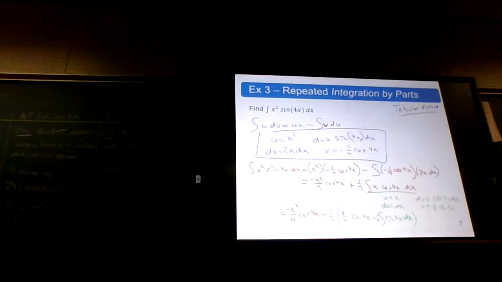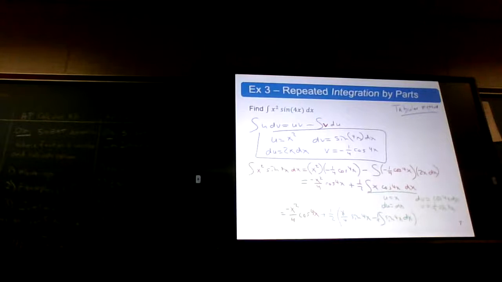Okay, so now I've got negative x squared over 4 cosine 4x. And then I've got, so that first part there, I think that'd just be x over 8. Wouldn't you agree? X over 8 sine 4x. And now I've got to integrate this guy here. Now don't forget, we have that 1/2 in the front still too, right?